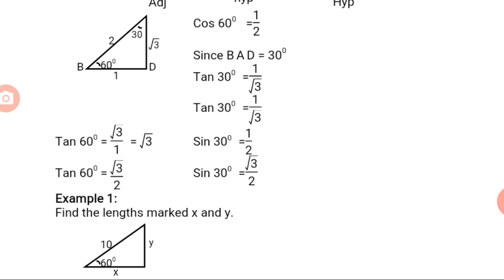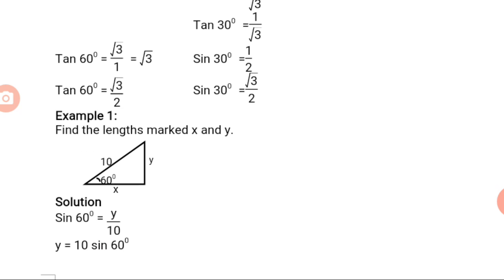Now, let's look at example 1. Find the lengths marked X and Y from the figure below. The hypotenuse is 10, while the other sides are X and Y. Now, we want to find Y first.